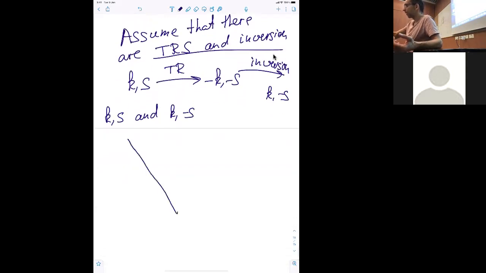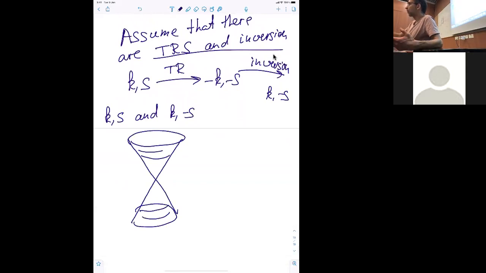So if I'm thinking about a spectrum that looks like a relativistic spectrum, then the entire upper band is doubly degenerate and the entire lower band is doubly degenerate, which means that this point is fourfold degenerate. And this is actually what is officially called a Dirac spectrum. This implies four times degeneracy at the Dirac point.